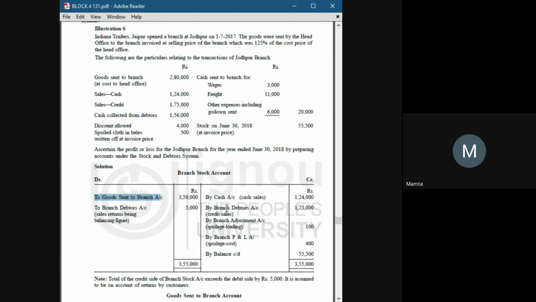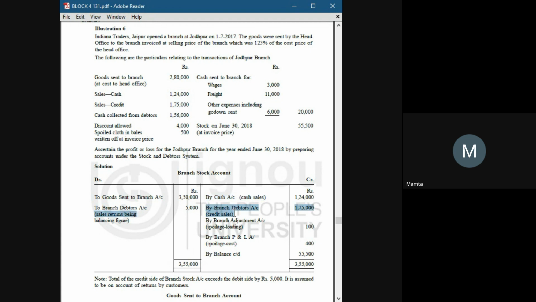And sales, cash sales and credit sales, it is 1,24,000. So goods are going from the branch, directly put it on the credit side. By cash account 1,24,000. Sales on credit is 1,75,000.